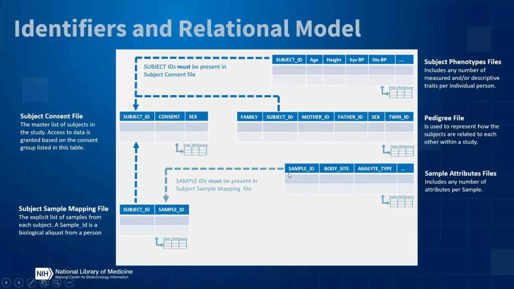And the sample attributes file is related back to the subject sample mapping file through the sample ID. Likewise, the sample IDs are expected in the molecular data, both called genotypes, any kind of omics data, and sequence data. We also require that the sex of the individuals should match in all the files, and that includes the phenotype and the genotype files.